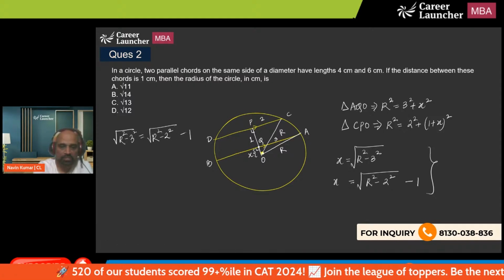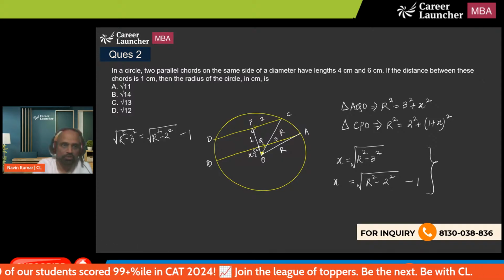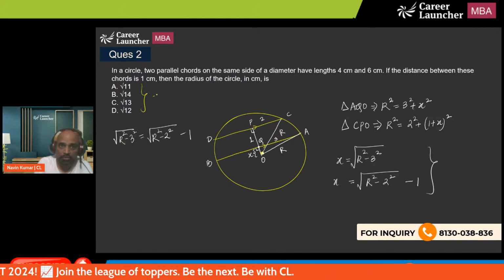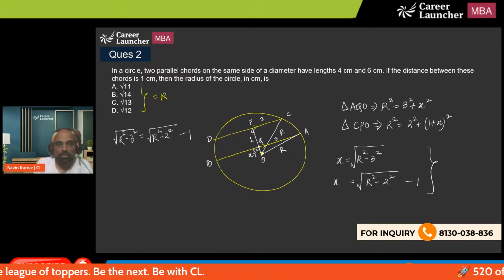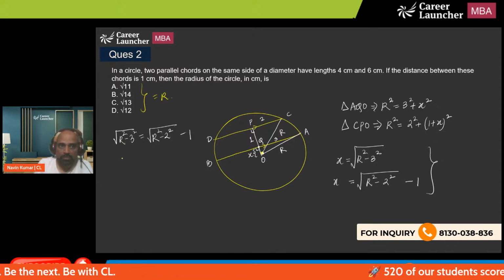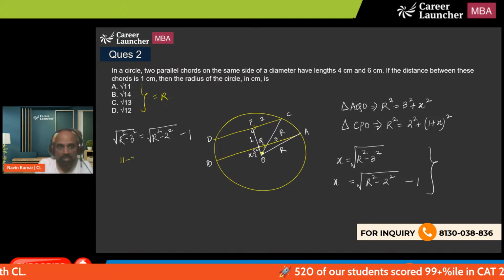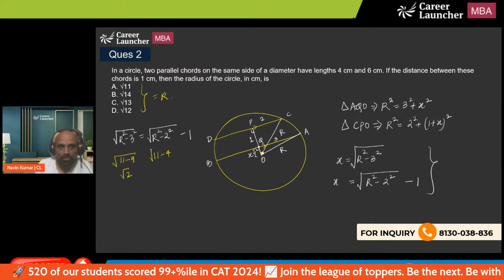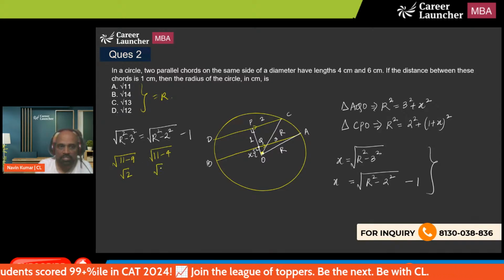Let's put in the first value, which is going to be under root 11. These are the values of R, remember. So if R is under root 11, R square will be 11. So 11 minus 9 under root, which is going to be under root 2. And this is 11 minus 4 under root, which is going to be under root 7.